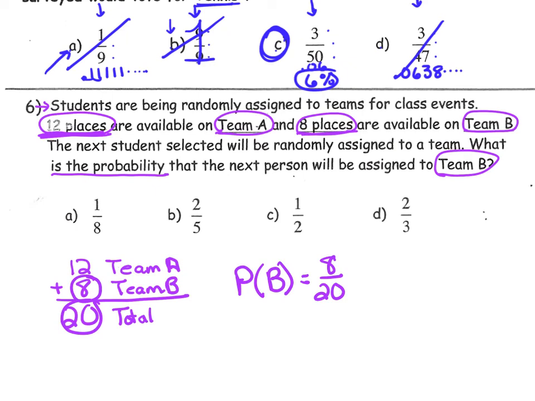You can reduce this fraction. Clearly, if you look at your choices, A, B, C, and D, they're in fraction form. And they're also in simplest form. So take a moment and reduce 8/20 to its simplest form.